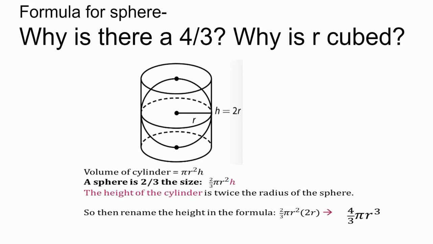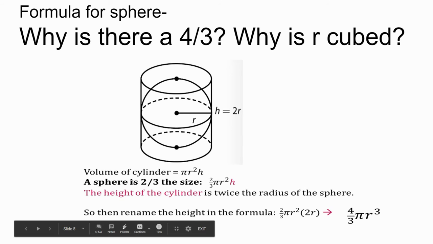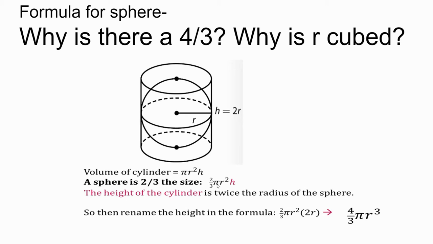So our volume of a cylinder was pi r squared times height. And remember, that was the area of the base times the height, and the area of a circle was pi r squared. Well, we know that a sphere is 2/3 the size of a cylinder. So now I have 2/3 pi r squared times the height.